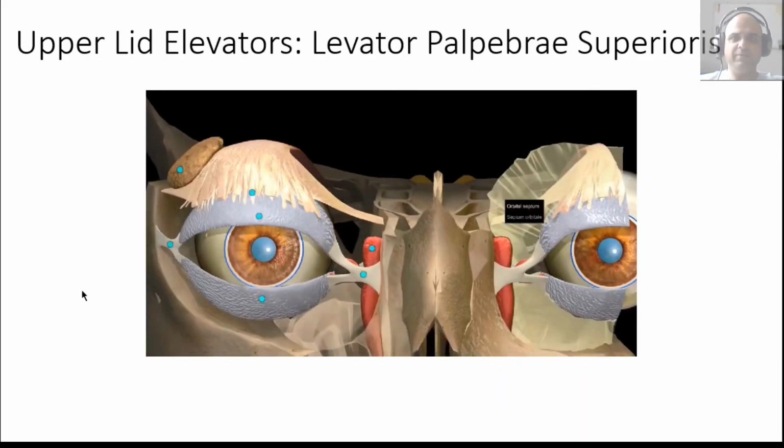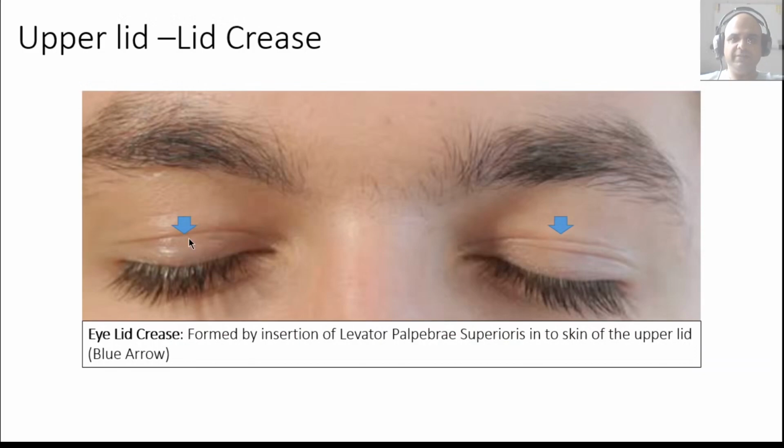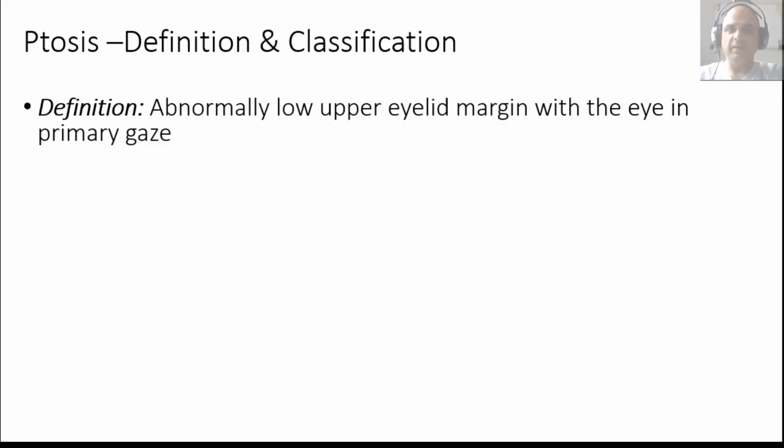So this is the levator palpebrae superioris, and this is the skin crease it produces, because some of the fibers, or more appropriately the aponeurosis of the muscle, attach to the skin to produce this lid crease, and it also attaches to the tarsal plate.